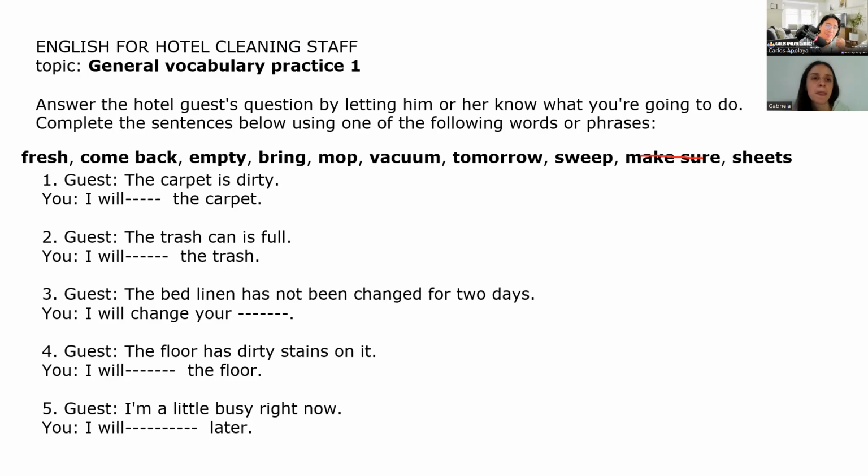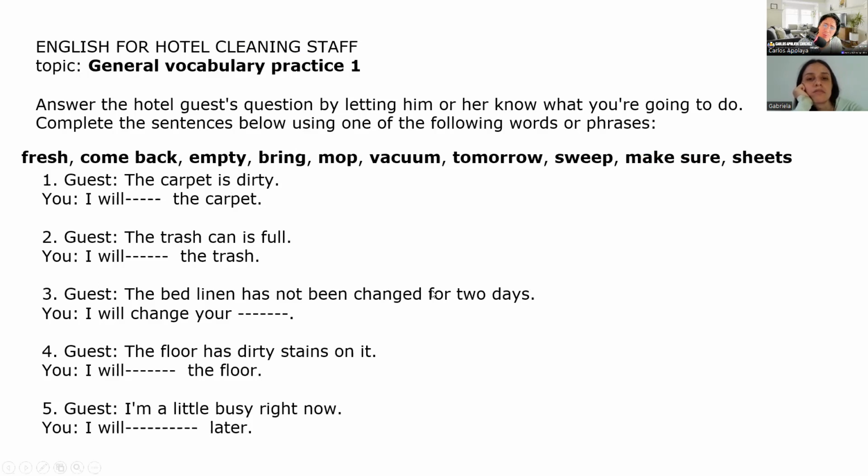Yes. So now, general vocabulary practice number 1. So we were practicing with questions, but now vocabulary is important, Gabi. So here you have 10 words. You have to complete the gaps. The carpet is dirty. I will sweep the carpet.